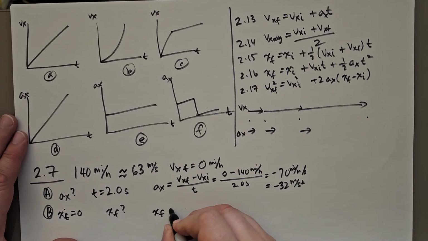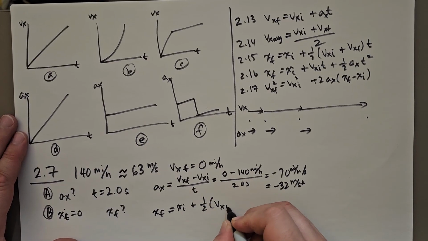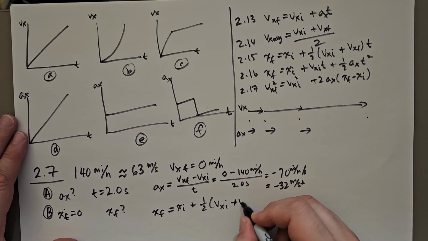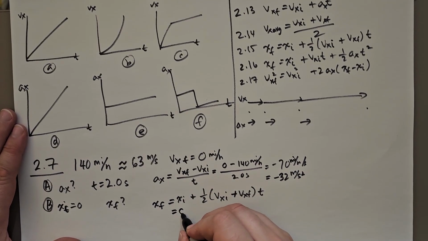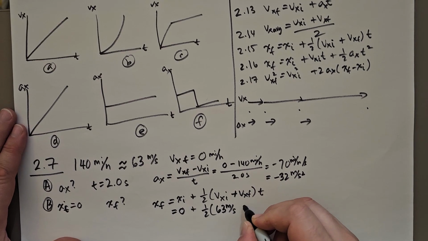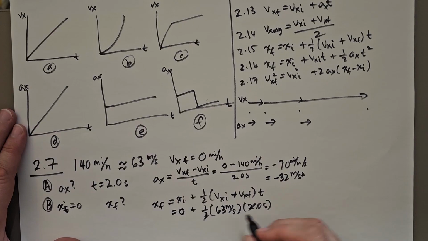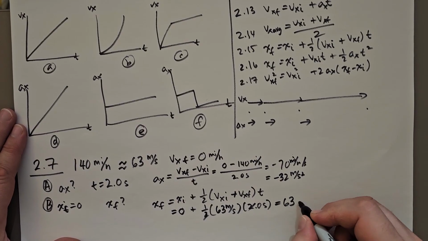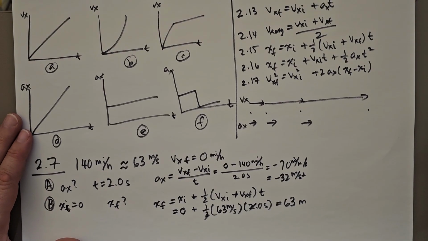The final position is equal to the initial position plus 1/2 of the initial velocity plus the final velocity times the time. So that's going to be, the initial position is 0. The initial velocity is 63 meters per second. The final velocity is 0, and it's 2.0 seconds. Well, those twos cancel, so we just get 63 meters. Okay? Pretty easy.